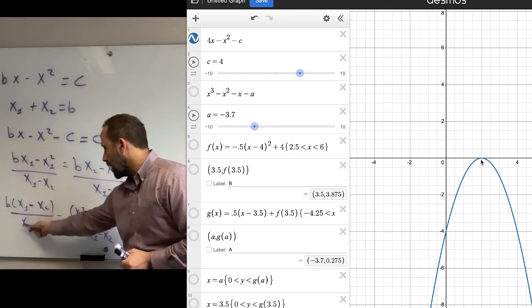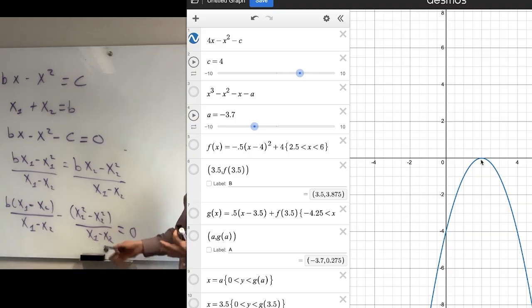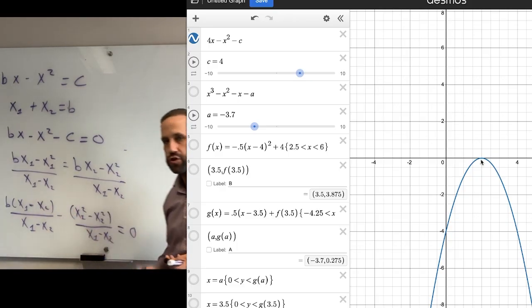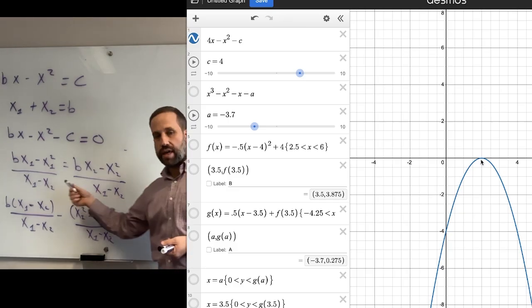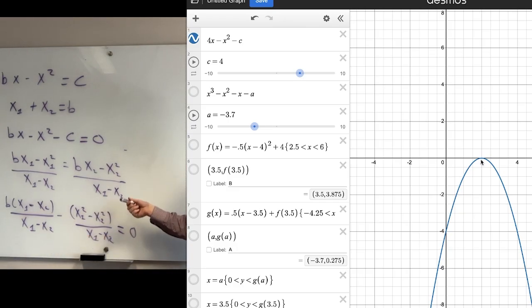So what's happening, again, one more time, x1 and x2 depend on c. I didn't write that dependence explicitly. Maybe we could write a superscript for c or something like that. But what's happening is we're taking the difference quotient and making x1 and x2 go closer and closer to each other. So it's equal to 0. So essentially what we're doing here is we are looking at the derivative and then setting it equal to 0.